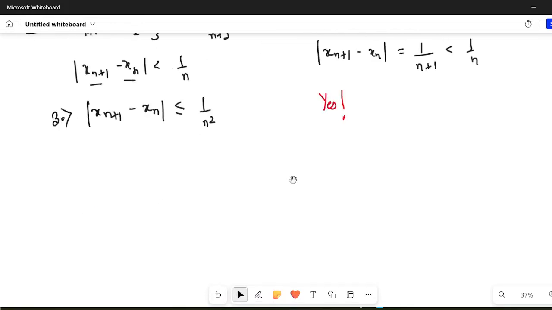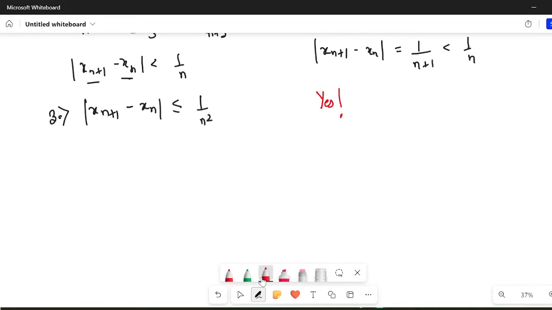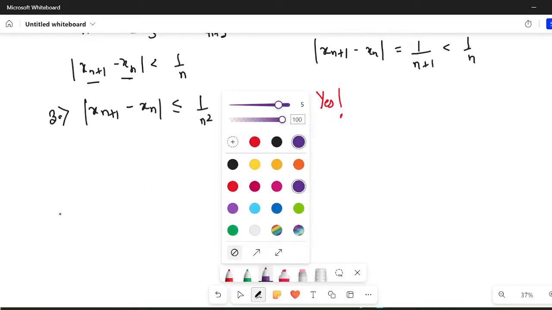I'll explain. I told you on the very first day, if I have to establish that a sequence is Cauchy, what do I need to do? I need to take an estimate of xm minus xn, isn't it?